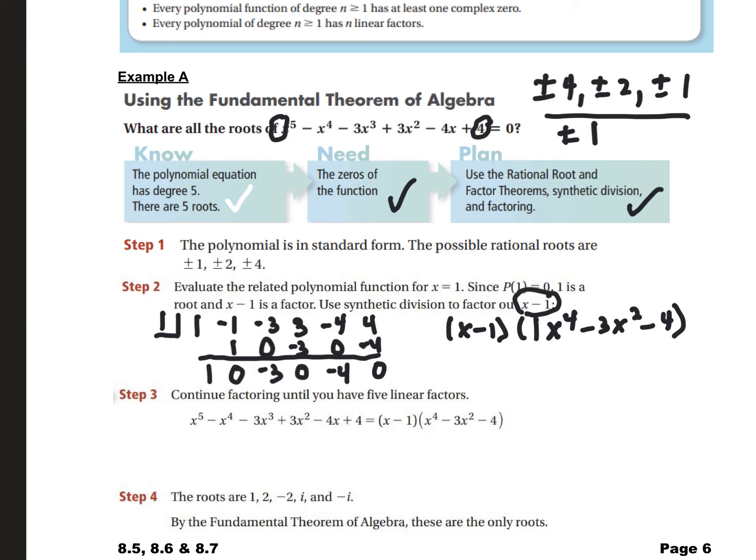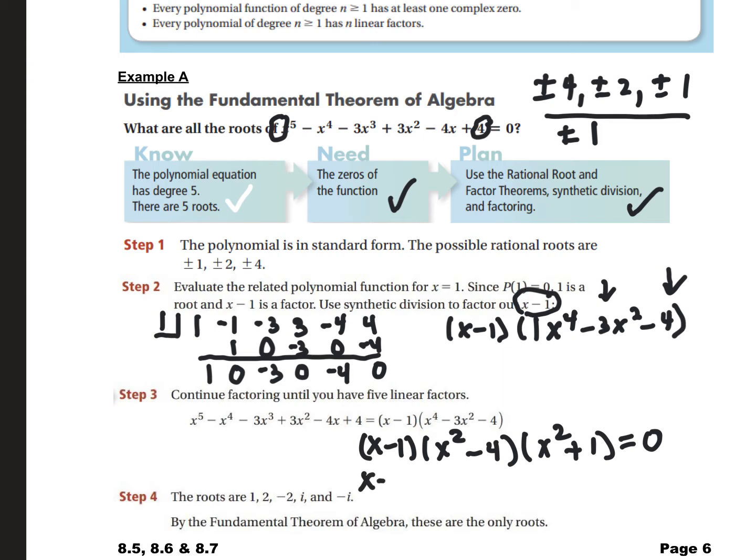We have to find the factors of negative 4 that add up to give you negative 3. I'm going to write the linear factor x minus 1. We have x squared minus 4 times x squared plus 1 equals 0.